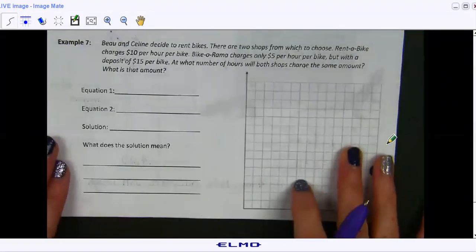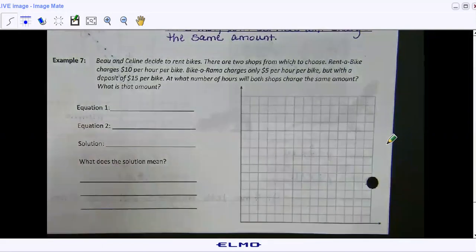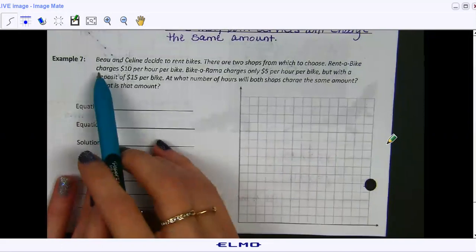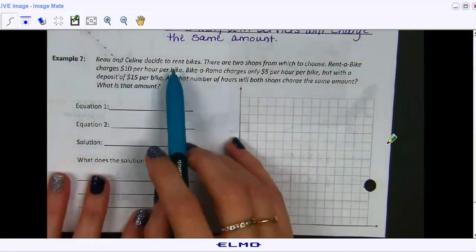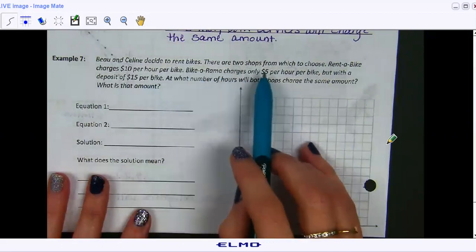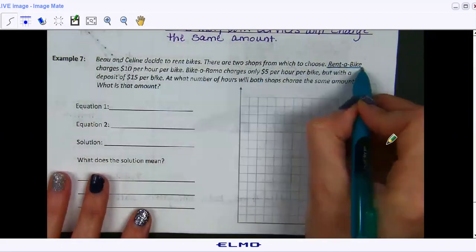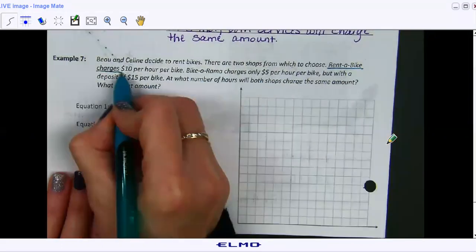This time, we're just given a word problem, no tables. We have to come up with the equations from the words. There is a mistake in the word problem, so as I read, I'm going to have you cross out some words. Bo and Celine decide to rent bikes. There are 2 shops from which to choose. Rent a Bike charges $10 per hour.